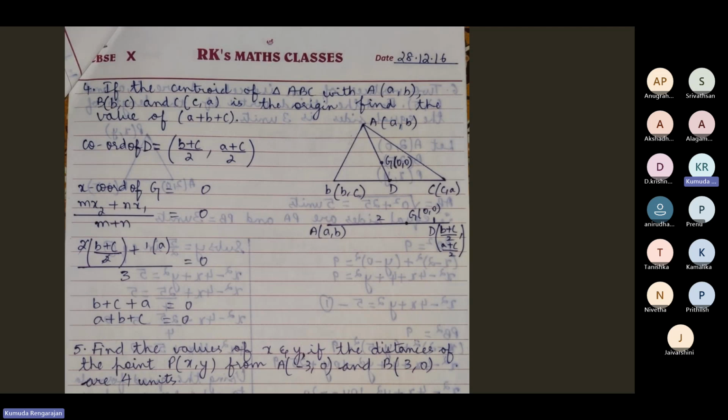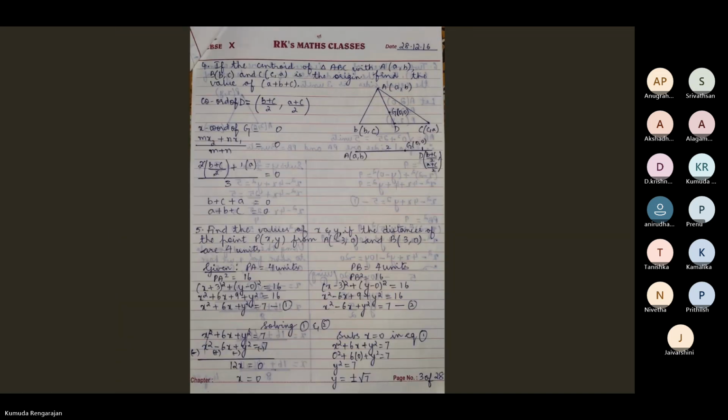You can also use the y coordinate of G. Y coordinate of G is equal to 0. (m y2 plus n y1) by (m plus n) is equal to 0.